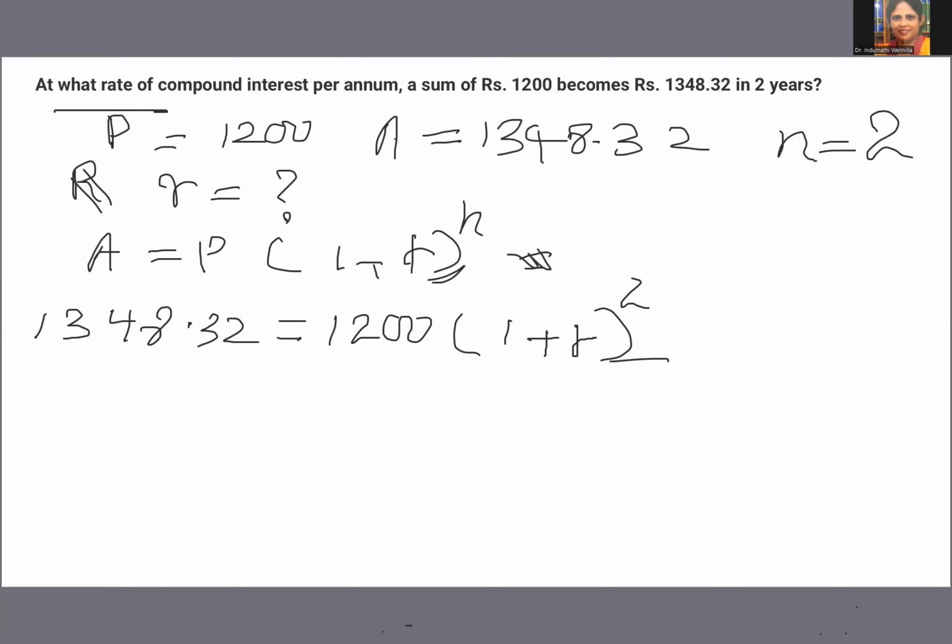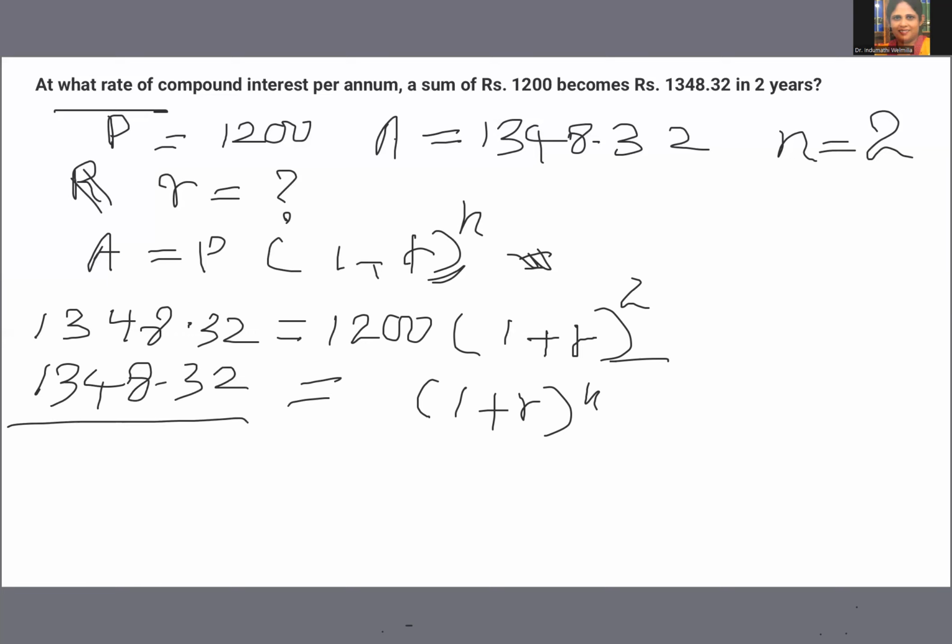So here what is the easy way? I have explained you several times, right? You can bring this 1,200 to the other side, then you need to divide from that value, the given value, that means the total value.